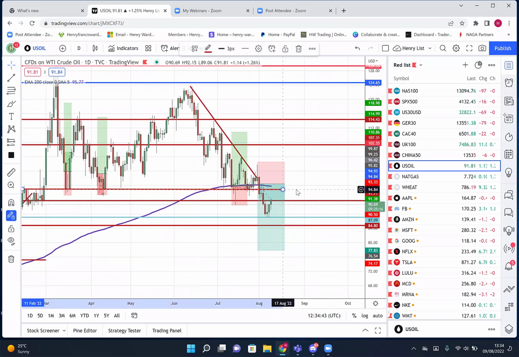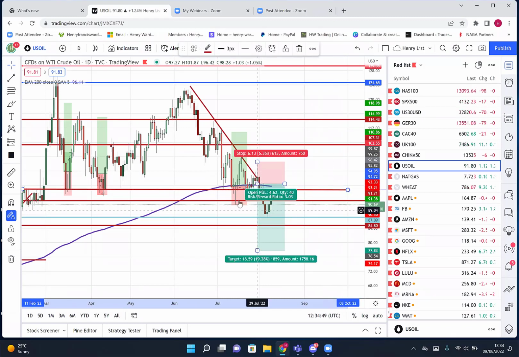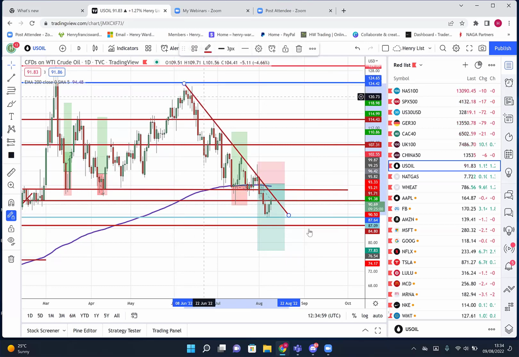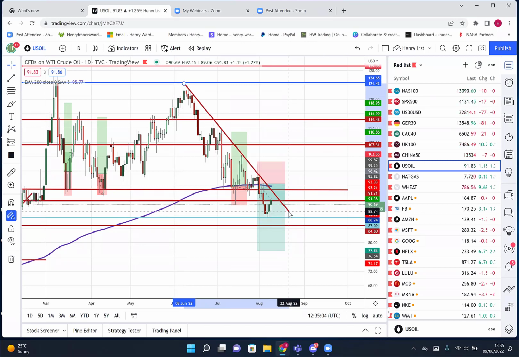So if I extend this level over at, say, $94, I would sort of expect it to come back into this trend line here, and also this red horizontal here.